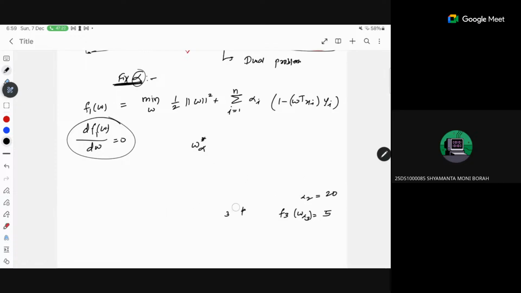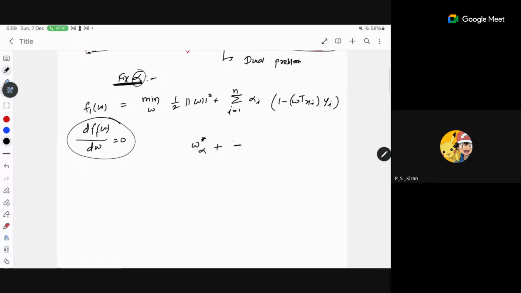Then whatever W star we are getting for a particular alpha, the differentiation of this will be W alpha star plus here... what is the differentiation here?